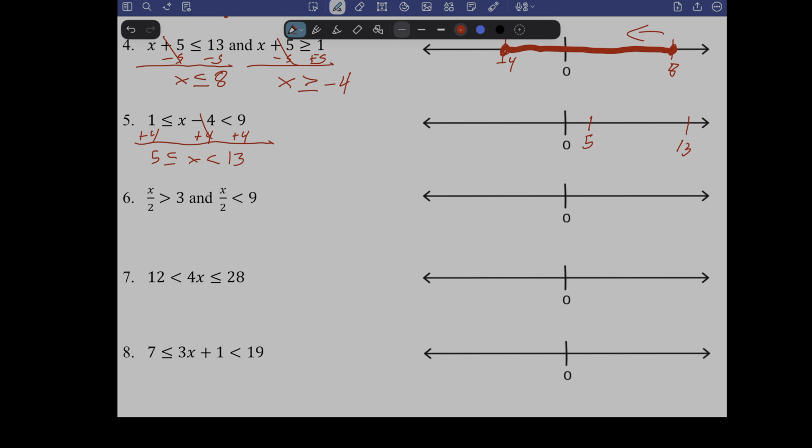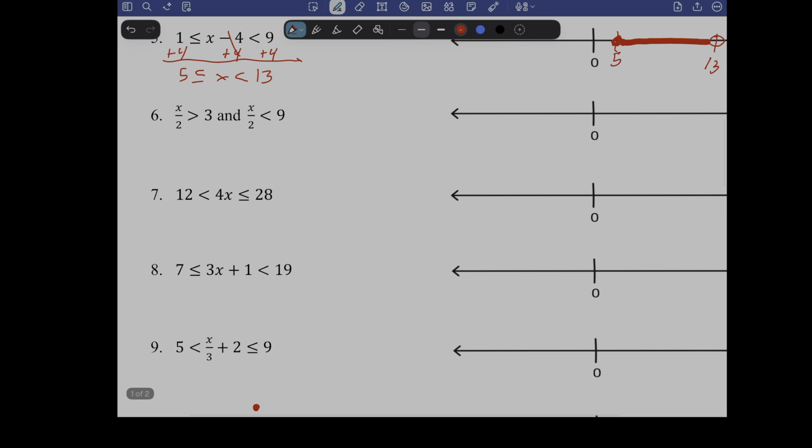Maybe I shouldn't have drawn the lines because my circles are going to erase them, aren't they? Well, there's my hole, because remember, there's no equal sign on the 13. There is an equal sign, though, on the 5, okay? So that has to be an actual solid dot. And then the x is in between, and when you get in between, that's what it looks like. So you have a hole at 13 and a dot on 5, and the answer is in between.